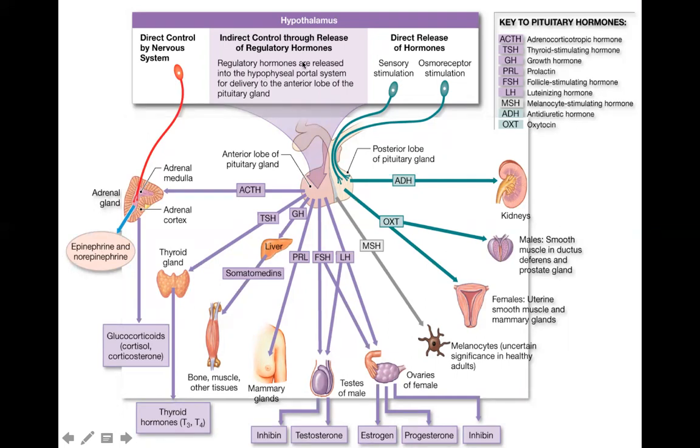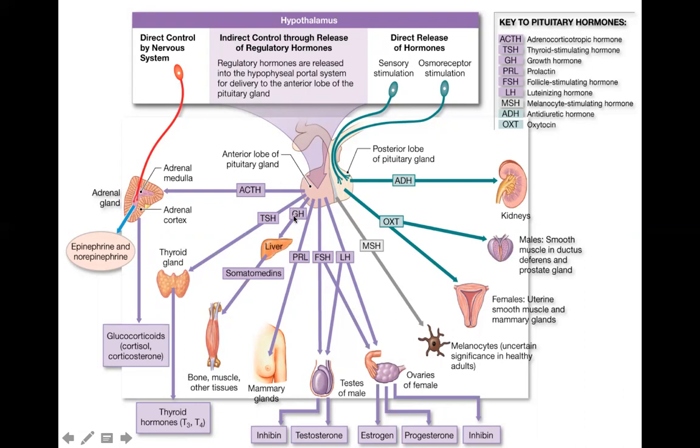Look at this illustration showing indirect control through regulatory hormones. ACTH, as we all know, will be released by the anterior pituitary gland, to be specific. It will act specifically on the adrenal cortex only, releasing glucocorticoids, which are cortisol and corticosteroid. In this illustration, as you can see, TSH will act on the thyroid gland, producing the thyroid hormones.